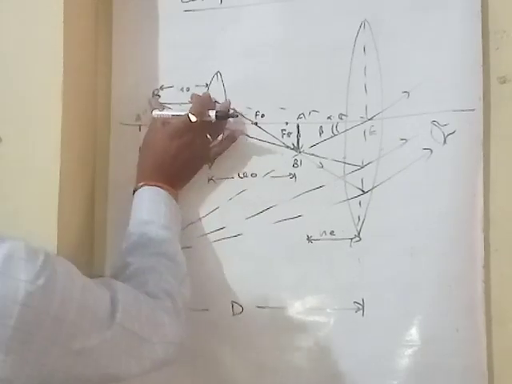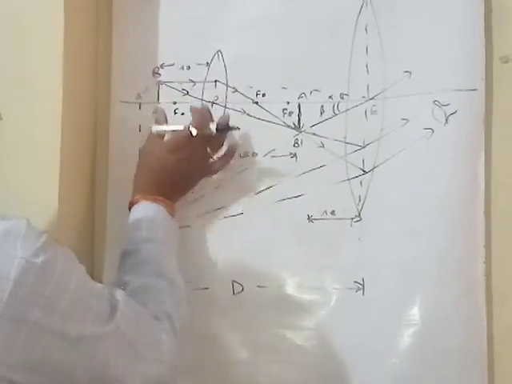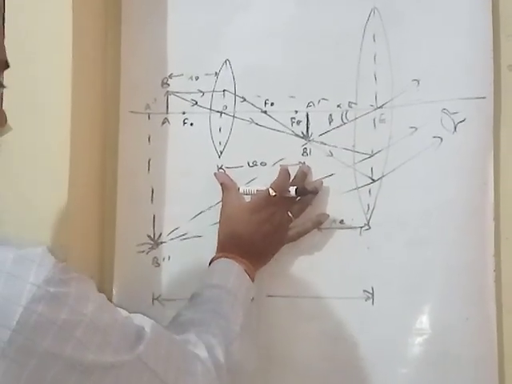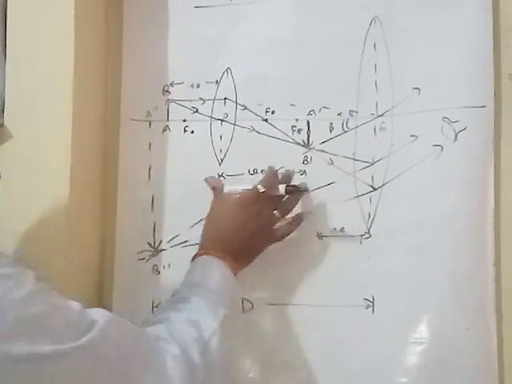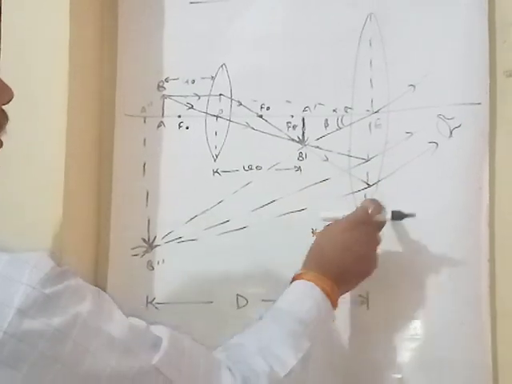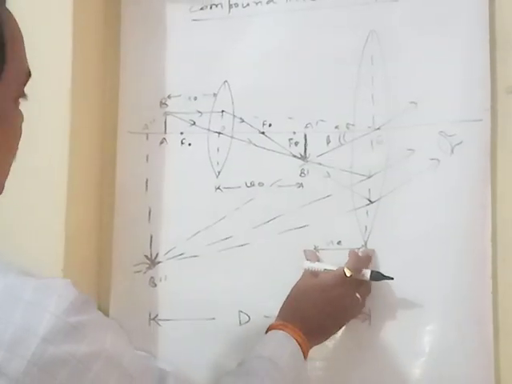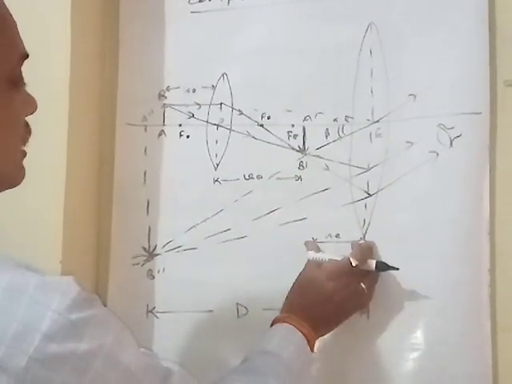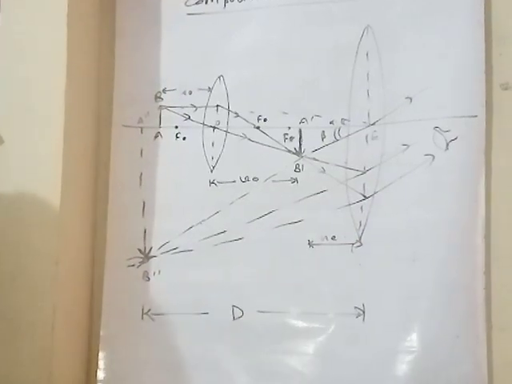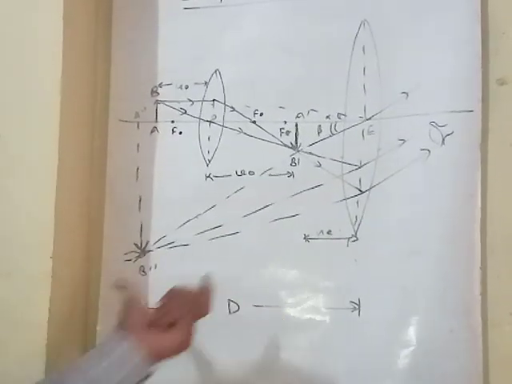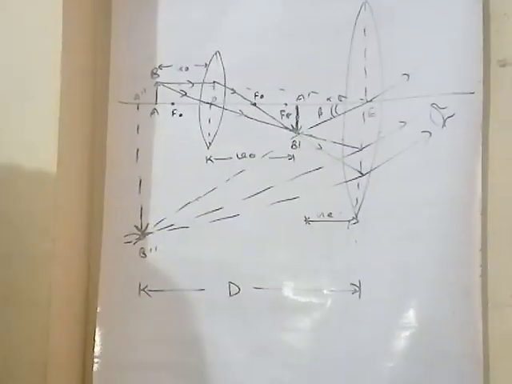Here UO is the separation of the object from the objective. VO is the separation of the image formed by the objective. This VO, or this A dash B dash, serves as the object for the eye lens. Therefore, the separation from the eye lens to A dash B dash is named UE, and the eye lens forms the final image at the least distance of distinct vision, capital D, as shown.